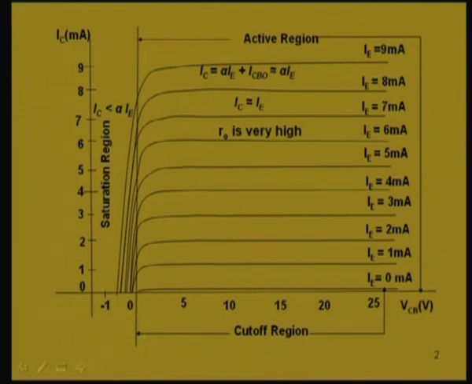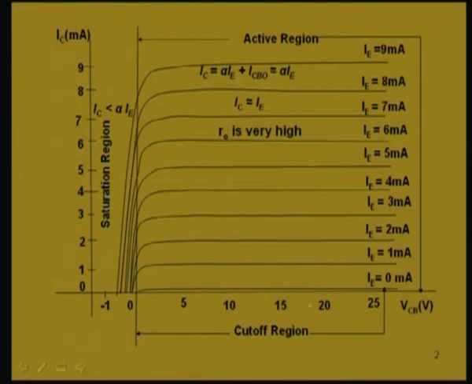So, below this IE equal to 0 line, the junction between emitter and base is reverse biased, and the collector to base is also reverse biased. So, this region is cutoff, where the transistor will be off, simply switched off.